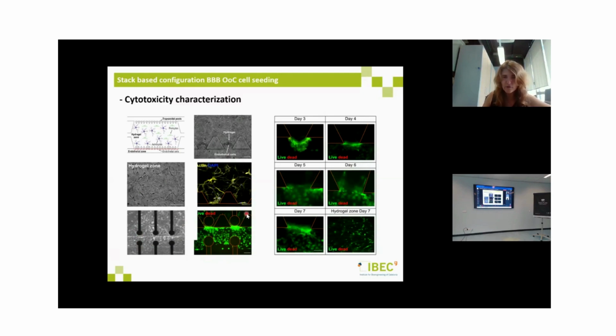We conducted live and dead analysis to analyze the cytotoxicity of the chip. In green, we can see the live cells in the chip, and in red, the dead cells. So as you can appreciate, there was no or very little, negligible amount of dead cells, and it is a good, healthy culture.